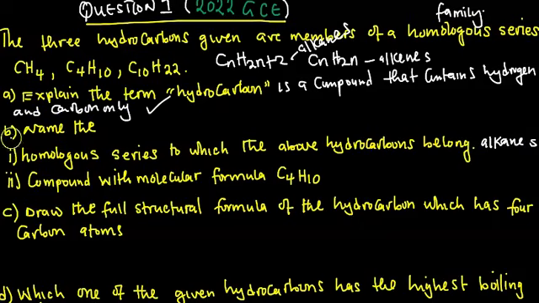The second question, part B: name the compound with molecular formula C4H10. What is the name of this compound? Now, for those who have not viewed the topic where we learned about this, a hydrocarbon with 1 carbon has the prefix meth.